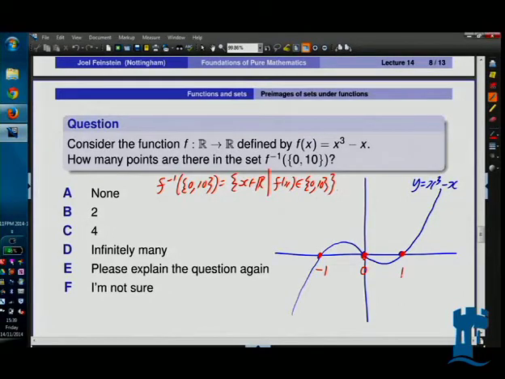It's not so obvious where f of x is equal to 10, but the main thing is, with 10 being up here somewhere, you look at the horizontal line and ask, how many times does it cross the curve? And it's well out of range of this region where there are several solutions. You see, there's a bit in here. There are some bits in here where the horizontal lines cross the curve multiple times.